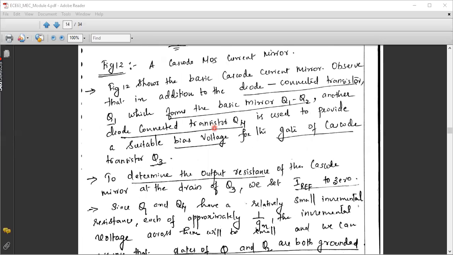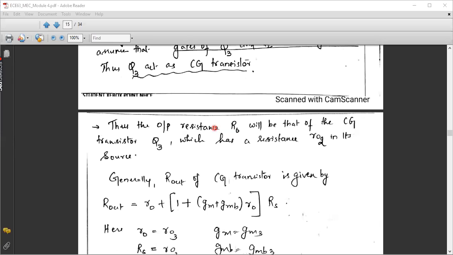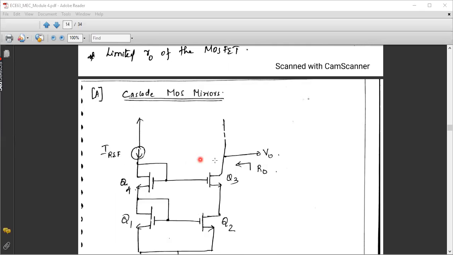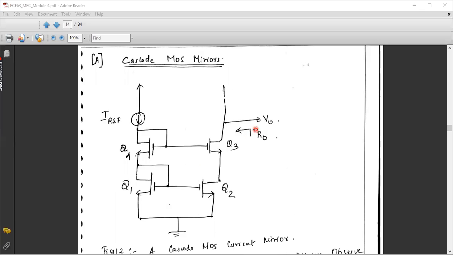And what is the advantage of using this particular circuit? The advantage is that we will be able to enhance the output resistance R0. Please take down, the objective is to increase the output resistance, and we need to explain how the output resistance is being increased.